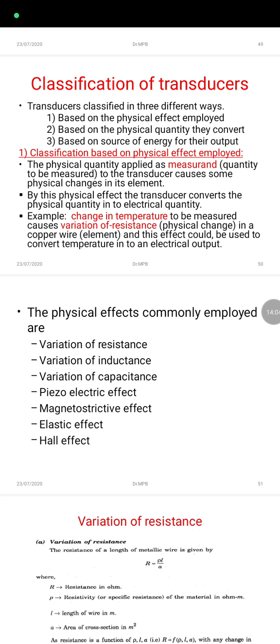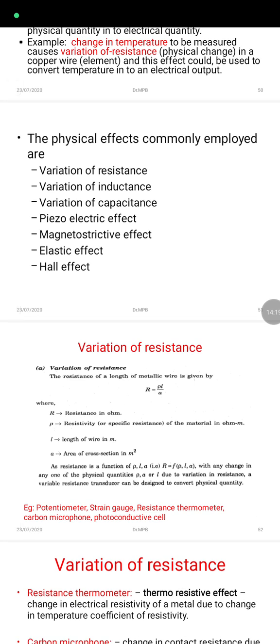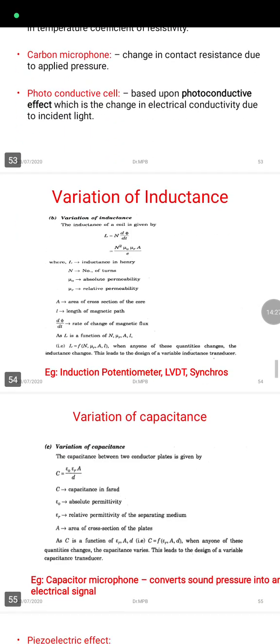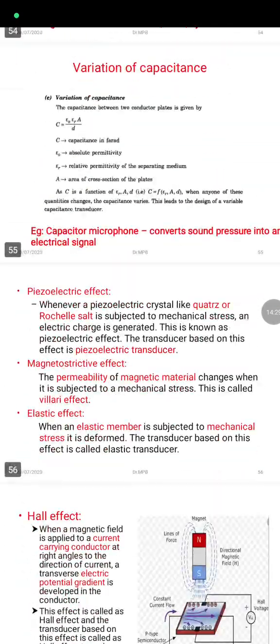By this physical effect, the transducer converts the physical quantity into an electrical quantity. Example: a change in temperature to be measured causes a variation of resistance. So change in resistance, change in inductance, change in capacitance, piezoelectric effect, magnetostrictive effect, elastic effect and Hall effect are some of the examples of this type of transducers.